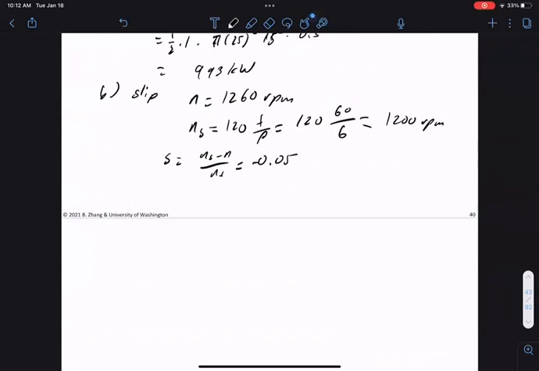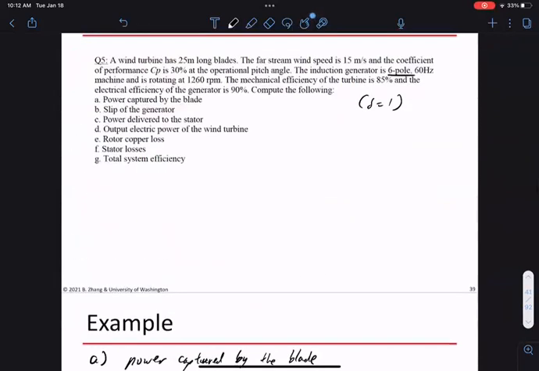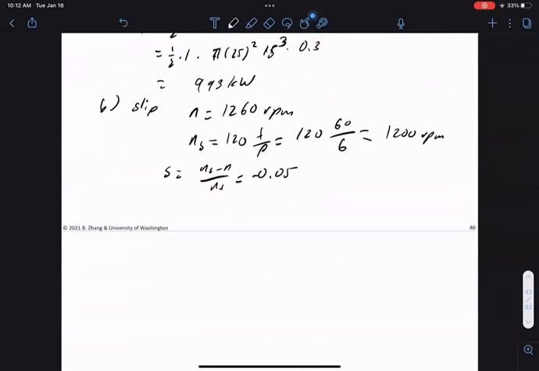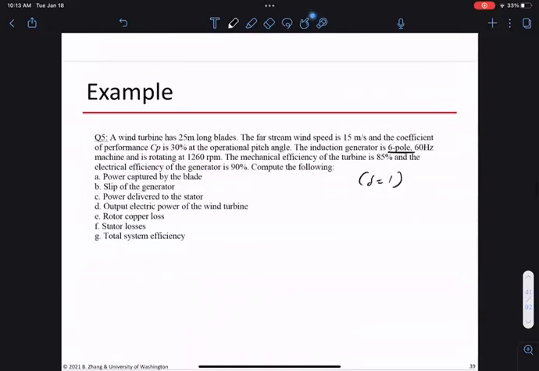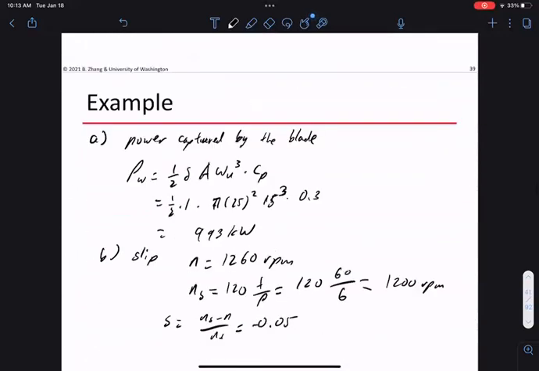Okay, so let's look at the power delivered to the stator of the machine. This is the power that we get in wind times the mechanical efficiency. So the mechanical efficiency is 85%.